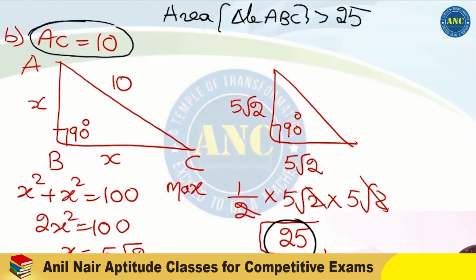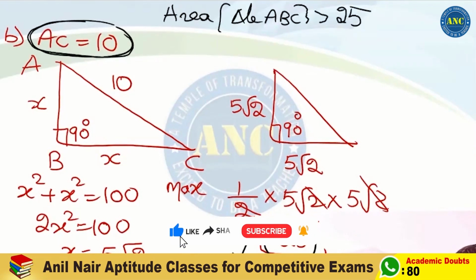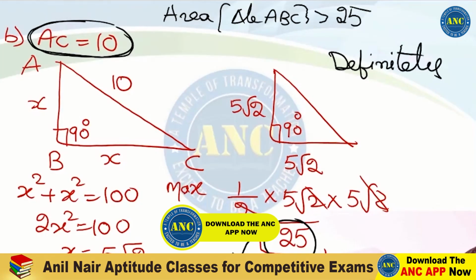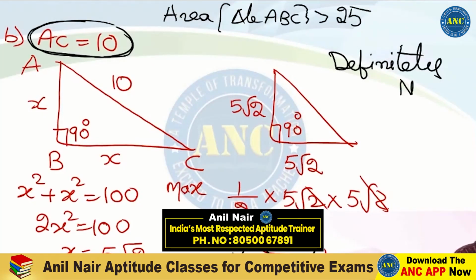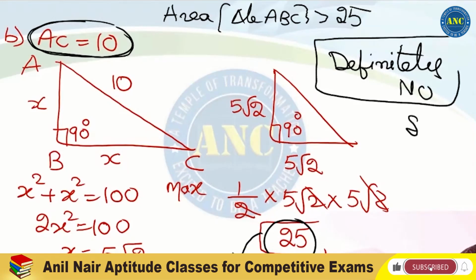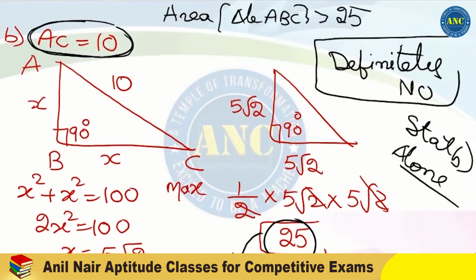With hypotenuse 10, the maximum area is 25, so it cannot be greater than 25. The answer is definitely no, so I can answer this question using statement B alone.